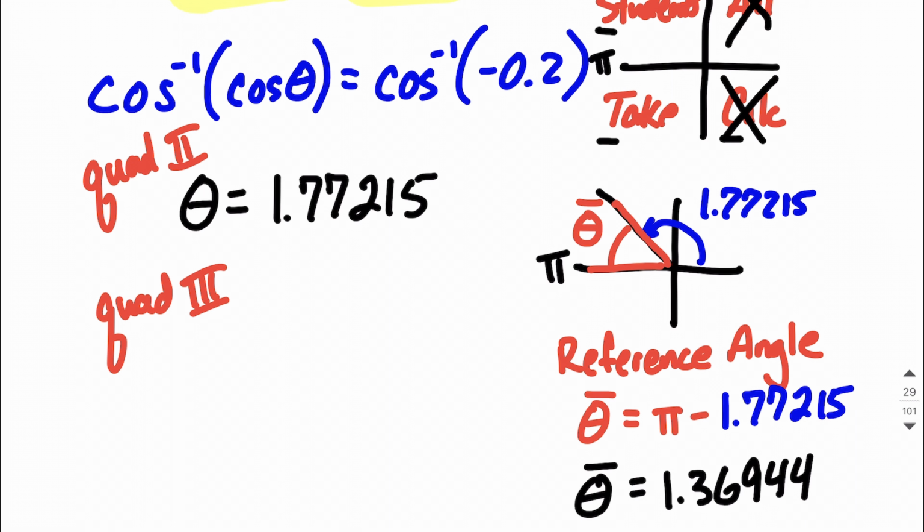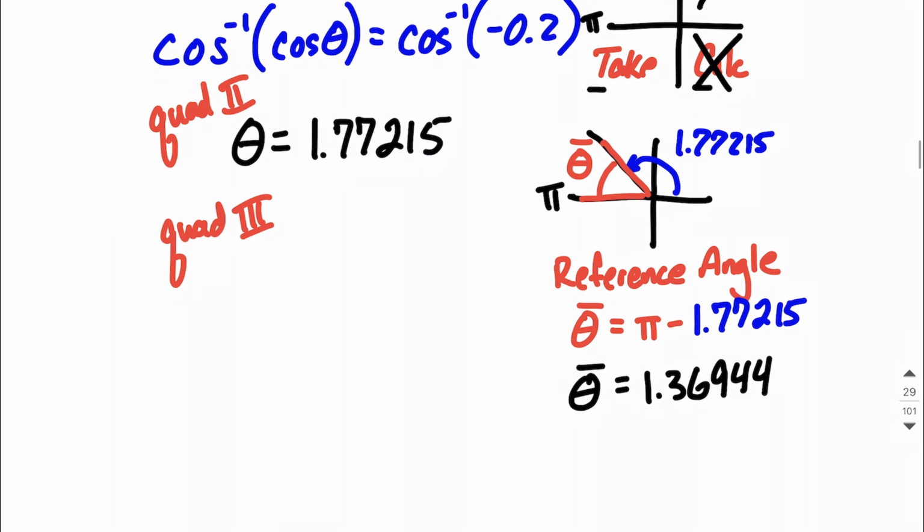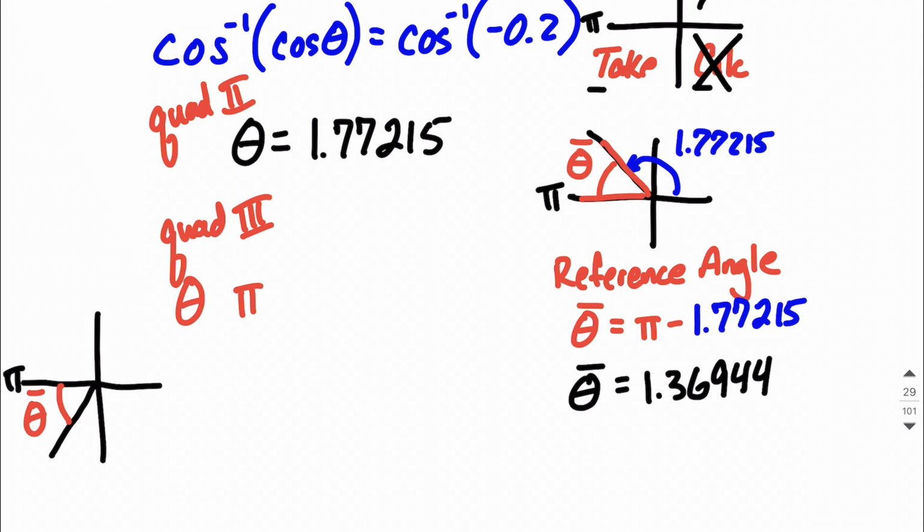All right, so how do we use that and place it into the third quadrant? Well, we're going to start with pi in the third quadrant and then extend that past pi by that reference angle, theta bar. So our angle in the third quadrant is going to start with pi, and theta is going to be an additional angle here.